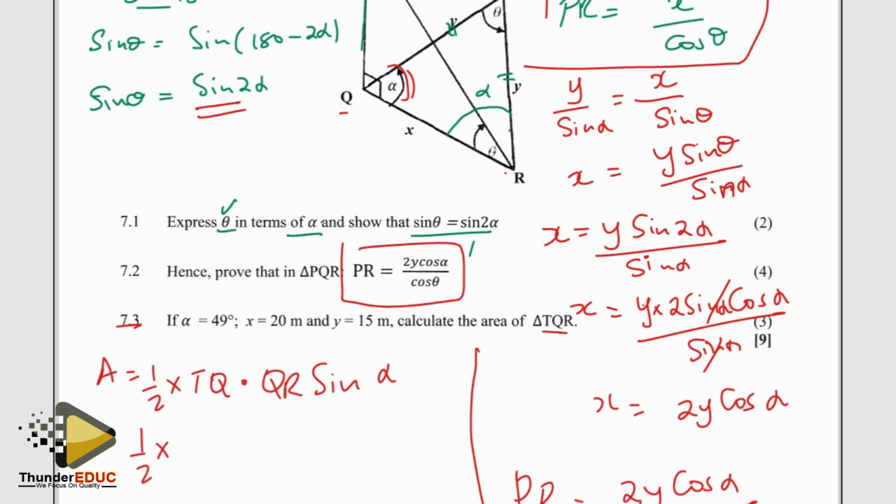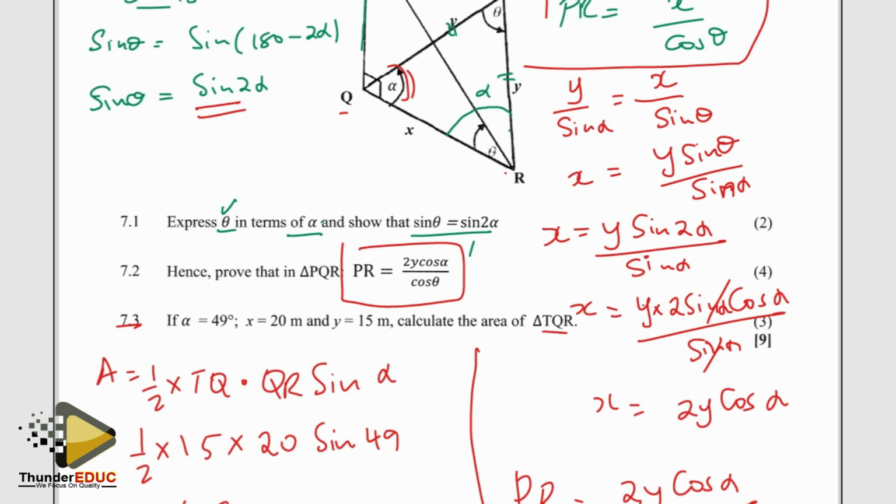So a half, my TQ is Y, which is 15. My QR is X, which is a 20. And then the sine of 49. Okay, so when I punch this into my calculator, it's a half multiplied by 15 multiplied by 20 sine of 49.